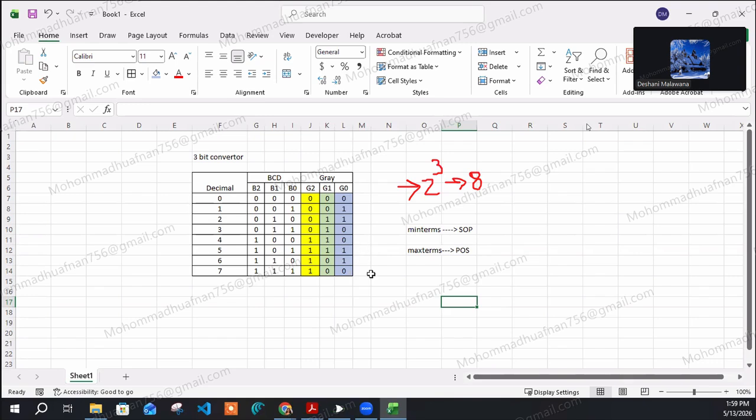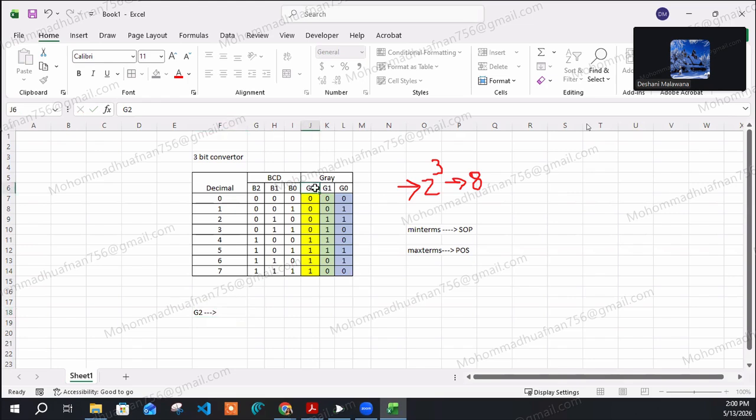So I hope so, now we are going to generate the G2 equation. Okay, so we are going to generate the equation for this one.